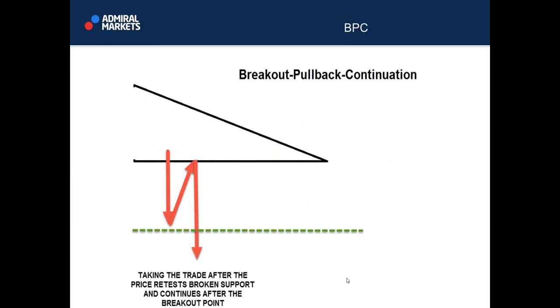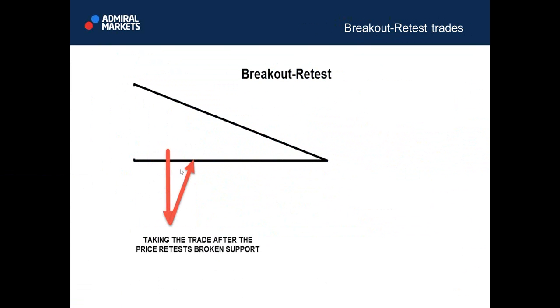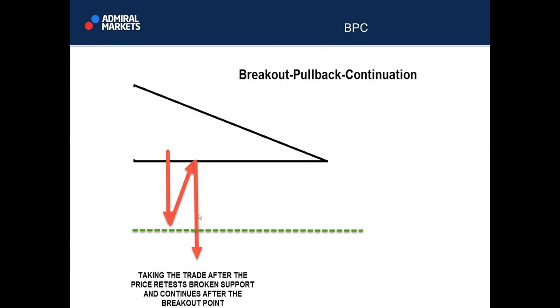But in today's market, present market conditions, I'm not so sure. I rarely take BPC, usually retest, or if I see the chance for BPC, if there is still, let's say in this example, enough room to the next support, then we can take it. But if the next support is here, usually because of low volatility, a pivot point, then a retest trade is the best option.